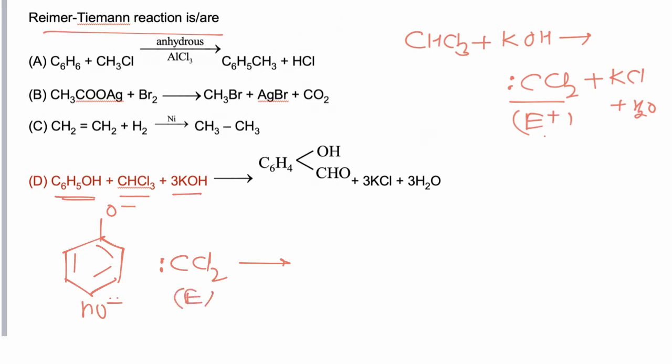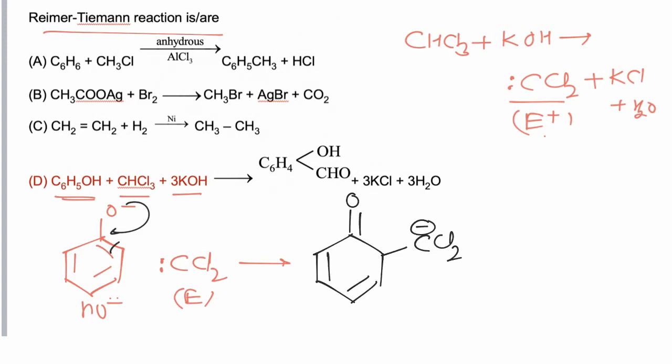Now nucleophile donates pair of electrons. CCl2 is neutral species. It will accept pair of electrons and form anion, and now this oxygen will neutralize and this is formed as intermediate. Now this intermediate will tautomerize to give again phenol.